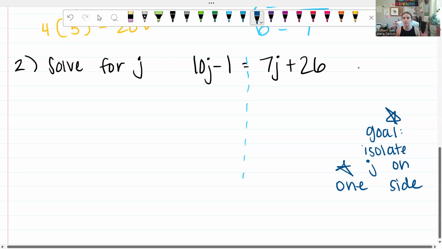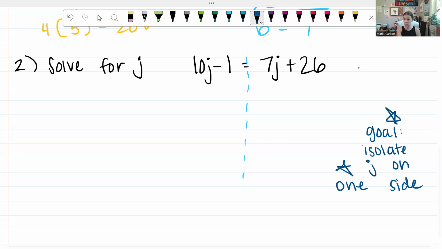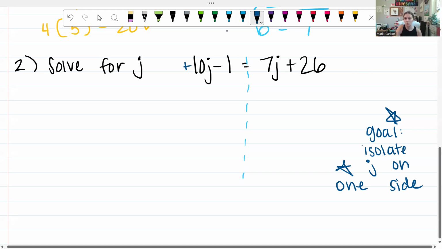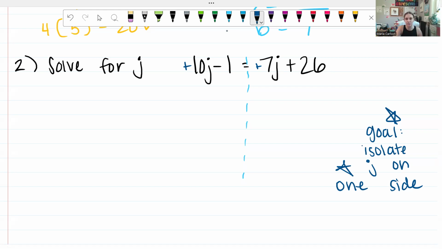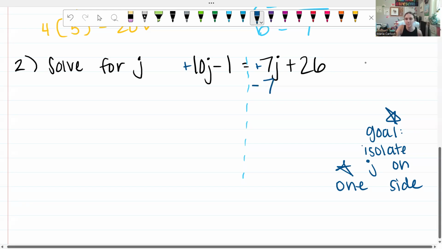So to do that, I'm going to need to move one of these j terms over to the other side. And we can do that using our opposite operations. I could either move this positive 10j, or I could move this positive 7j. And if I were to move either of these, I'd have to subtract since they're positive. I think I'd rather subtract 7j. So I'm going to subtract 7j from the right side and from the left.